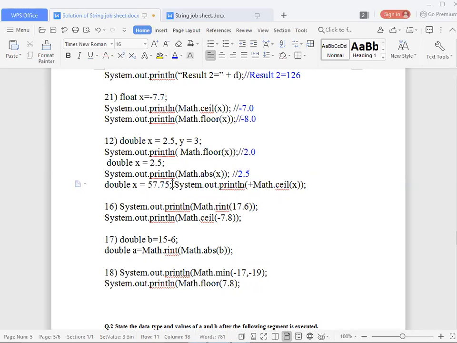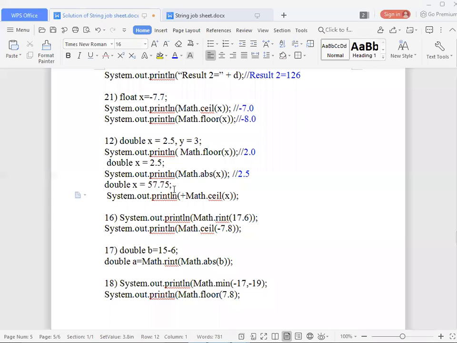Now double 57.75. So Math.ceil of x will give you 58.0. Okay, it will give you 58.0. Clear? Yes. Now Math.rint of 17.6. rint will give you the integer values.